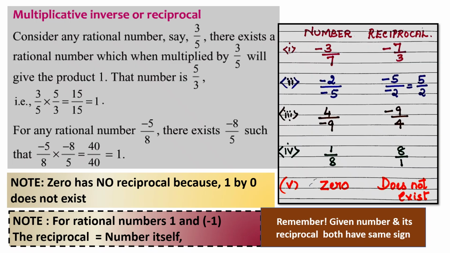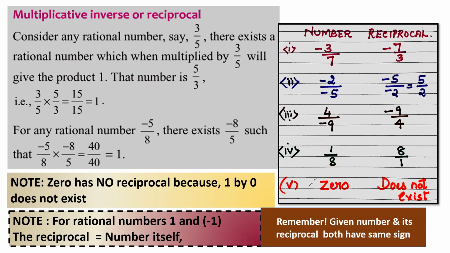So 3 by 5 is called the reciprocal of 5 by 3 and vice versa, or 5 by 3 is called the reciprocal of 3 by 5. For any rational number, say for example minus 5 by 8, there exists minus 8 by 5 such that minus 5 by 8 into minus 8 by 5 is equal to 1.